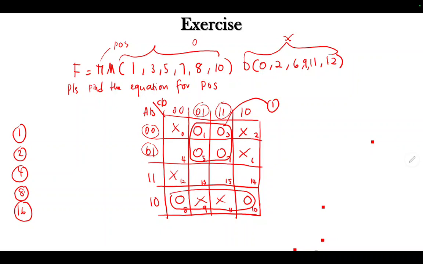For POS, A equals to 0, so you got A plus. Here C changes state, and D equals to 1, so you got A plus D bar. And then for equation number 2, you compare here and then all here. For C and D, all change state, so you don't read C and D. You just have A equals to 1, B equals to 0, so you got A bar plus B. So the equation here is F equals to A plus D bar times A bar plus B.